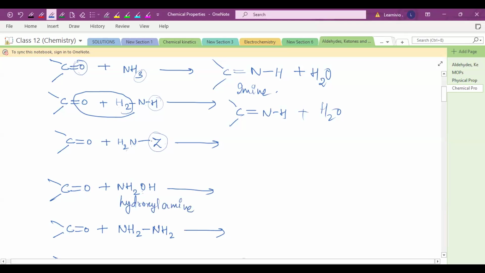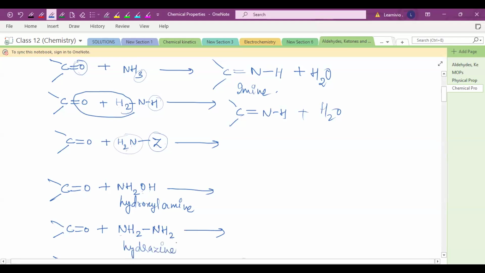If I replace the Z group with an NH2 group, this NH2 is fixed in each and every derivative. Only the Z group changes. I am attaching this OH group, or this NH2 group. So if Z is equal to the NH2 group, what is this? NH2NH2 is hydrazine.